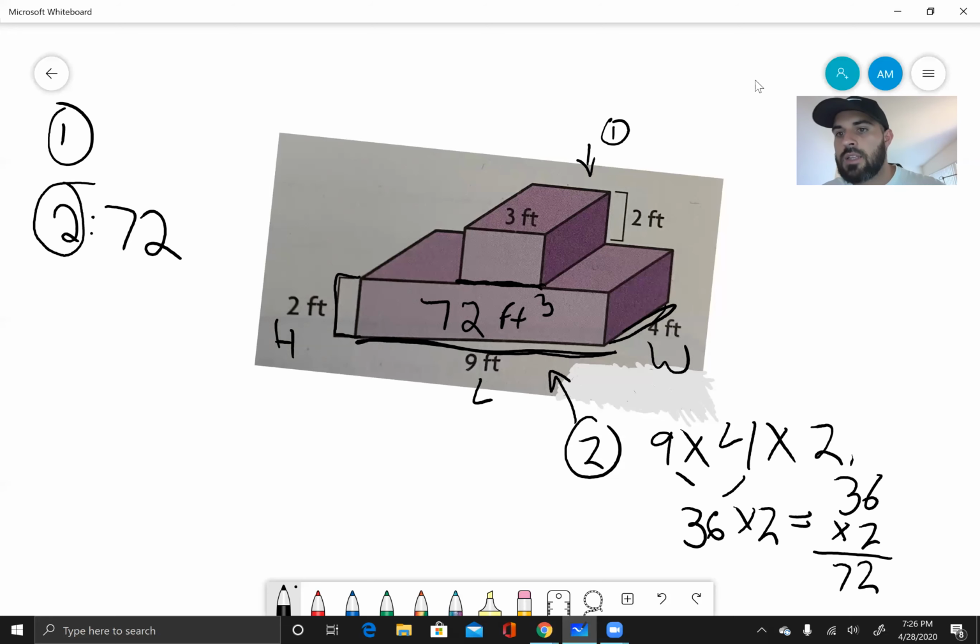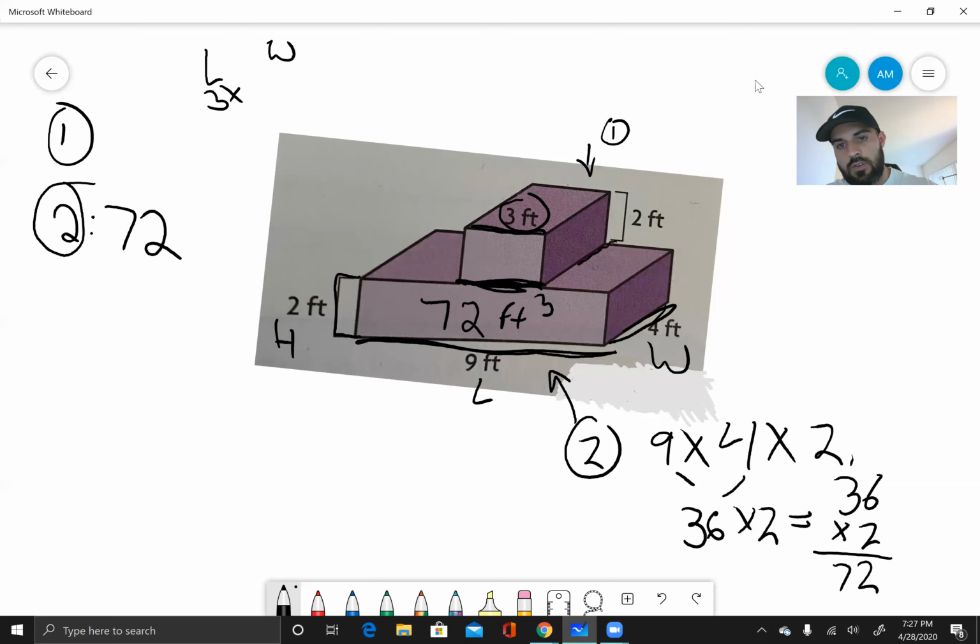Same thing. I need to find the length times the width times the height. But notice here, the length is different. The length coming across is right here, which is 3. So if I plug it in, length of 3 times the width.